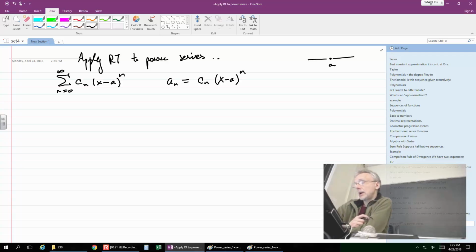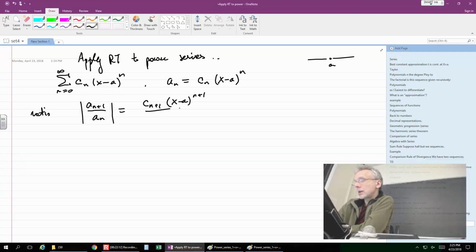We take the absolute value of the ratio: C(n+1) (x minus a)^(n+1) over Cn (x minus a)^n.